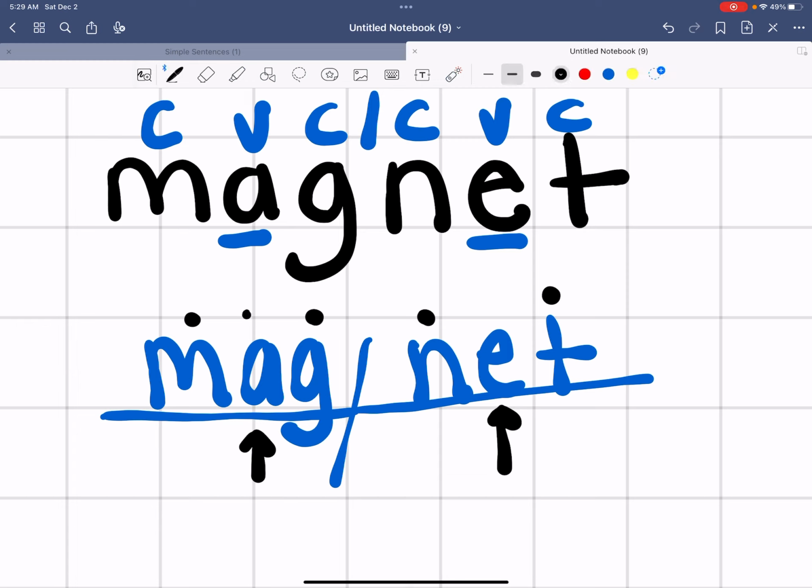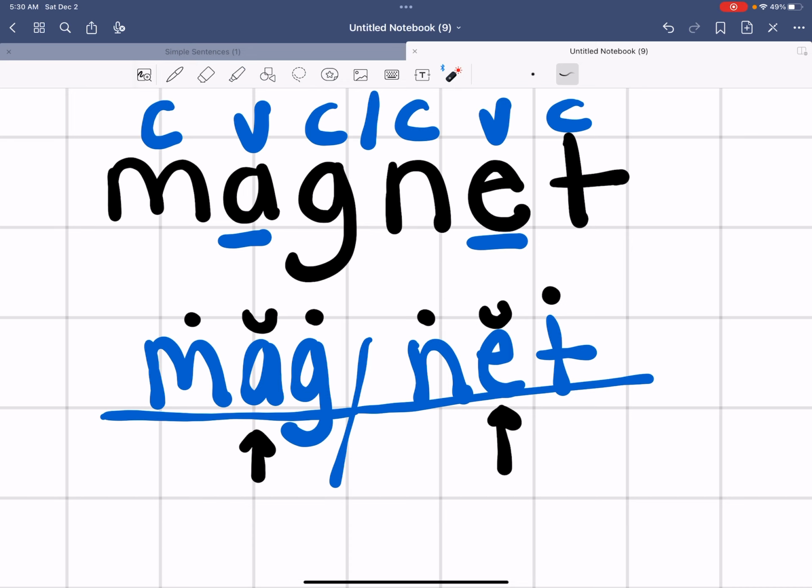Let me put the short signs on them just so we can get used to doing that. Okay, back to reading the word. Ah, mag. Okay, got that? Net. Let's put those together. Magnet. Magnet. So that word says magnet.